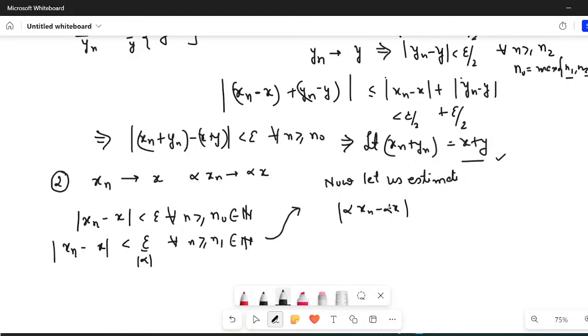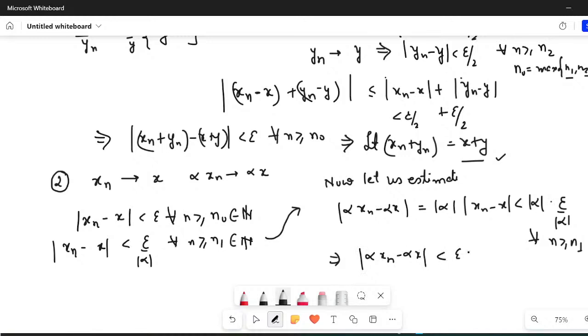So let us estimate modulus of alpha xn minus alpha x, which is equivalent to writing mod of alpha times modulus of xn minus x. And we know that for all n greater than or equal to n1, modulus of xn minus x can be made less than epsilon upon mod of alpha. This I can do for all n greater than or equal to n1. What does it imply? It implies that modulus of alpha xn minus alpha x can be made less than epsilon for all n greater than or equal to n1 belonging to natural numbers. What does it mean? It means that limit of alpha xn is equal to alpha x.